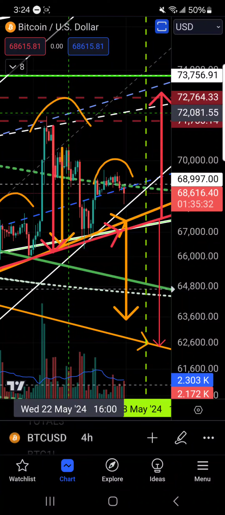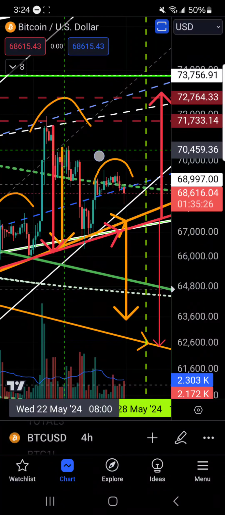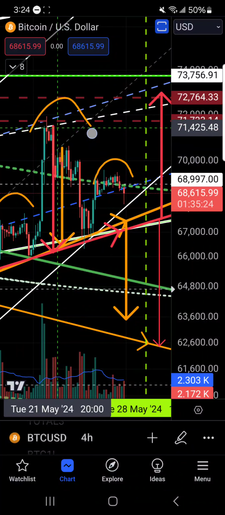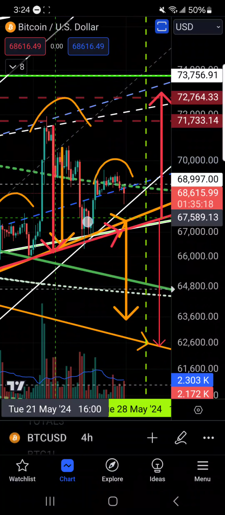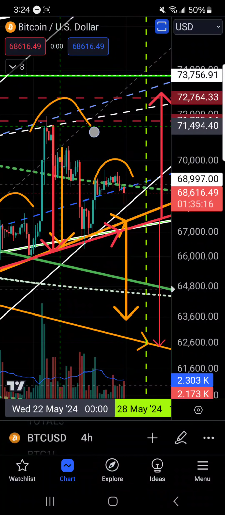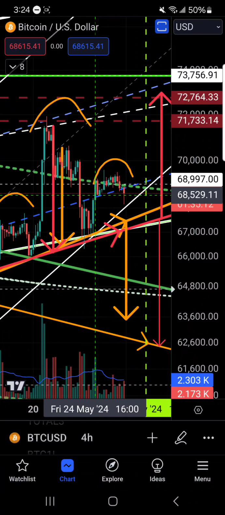So technically, I'd take the orange target, the orange measurement, but this red one also has significance. And actually, the red one, where I measured it to, is the white center line of the most important channel in Bitcoin's history. So that very well could play out too.